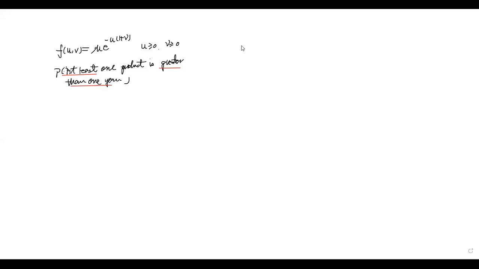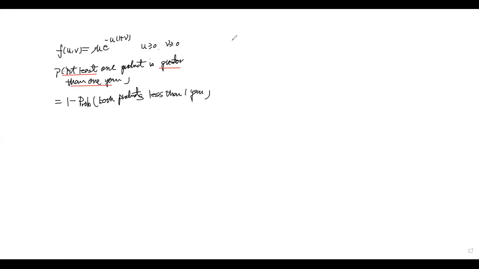So for "at least", we use 1 minus none of them. That means 1 minus the probability that both products have a lifetime less than 1 year.